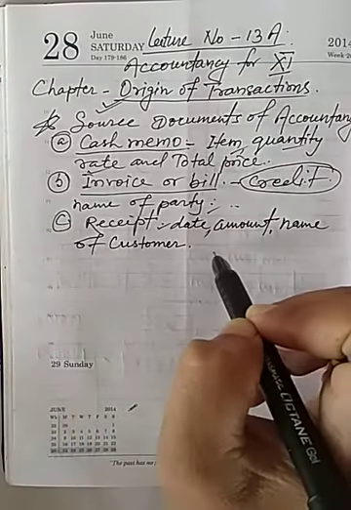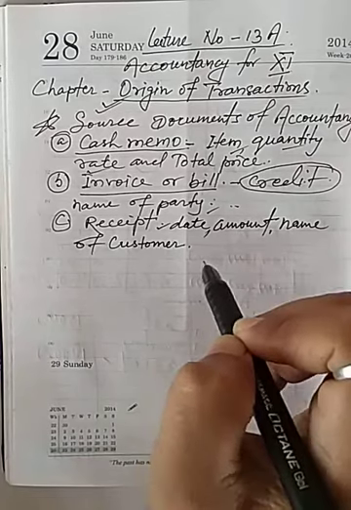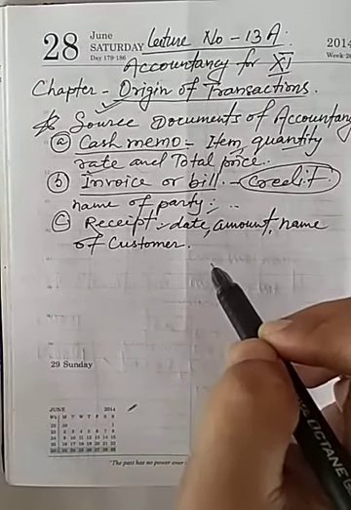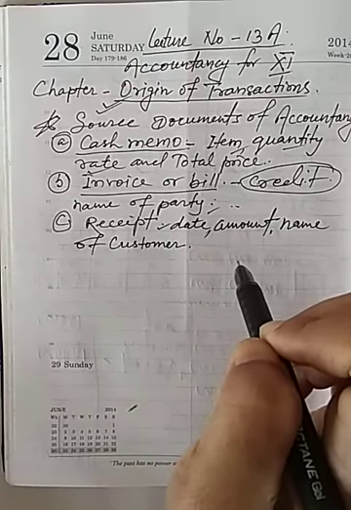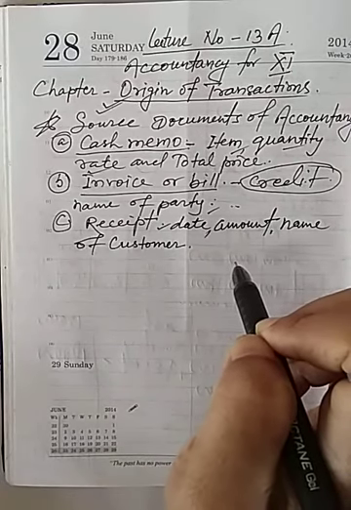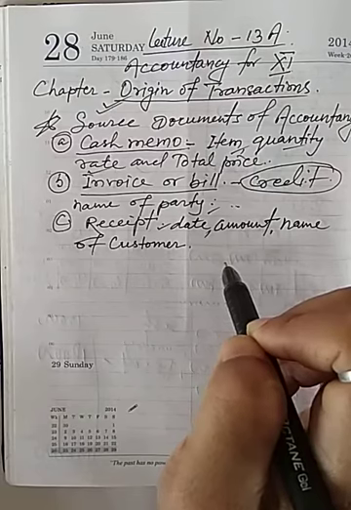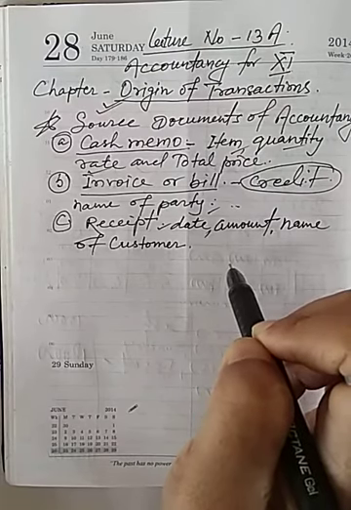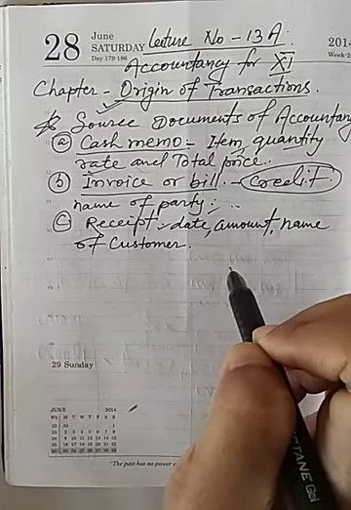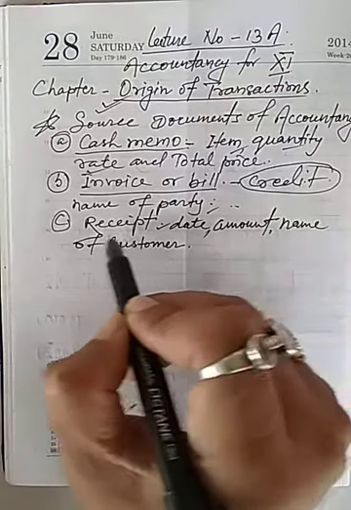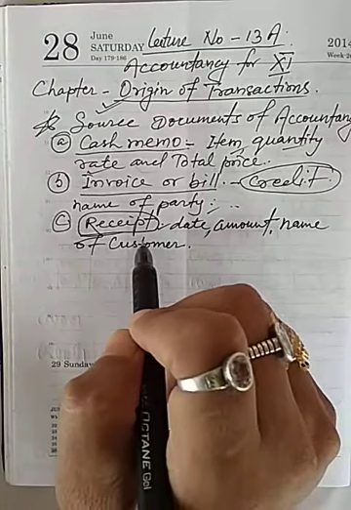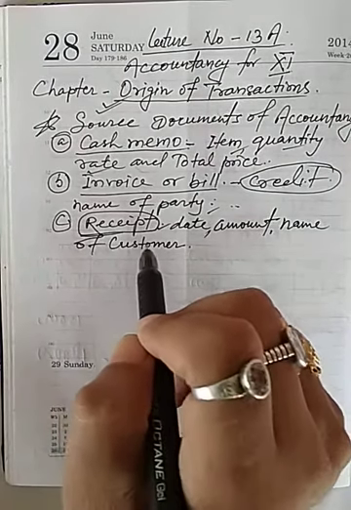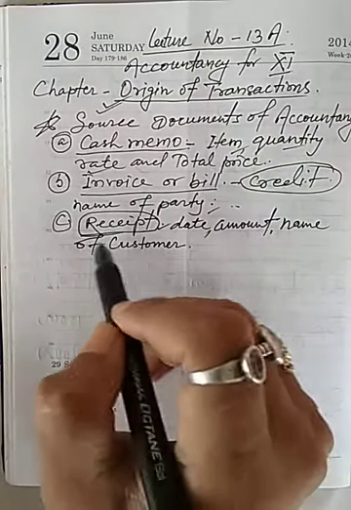The original copy of the receipt is given to the customer and its duplicate copy is kept for making record in the books of account. In the same way, whenever we make payment, we obtain a receipt from the party to whom we make payment.